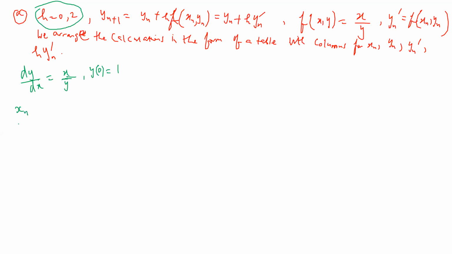Okay, so we are saying y at 0 is 1. And we want to find y at 1. Okay, we're saying find y at 1. So in other words, we understand that for the first one, h is 0.2, which means x is 0.0.